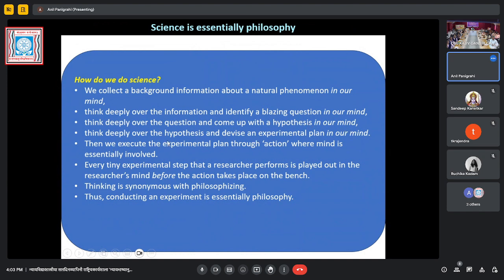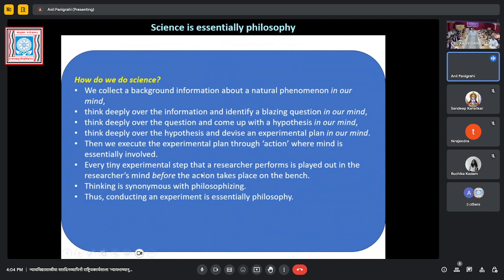We think deeply over the hypothesis and devise an experimental plan in our mind again. Then we execute the experimental plan through the action that in the previous slide we saw mind is essentially involved, where every little step in conducting the experiment is governed by thinking.